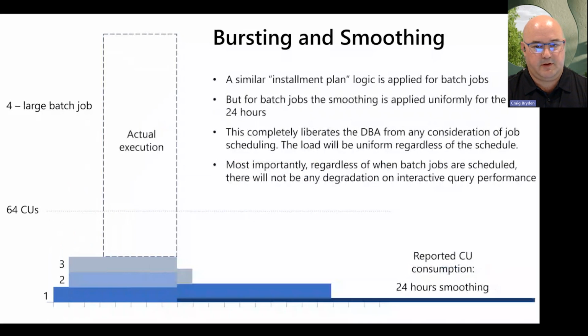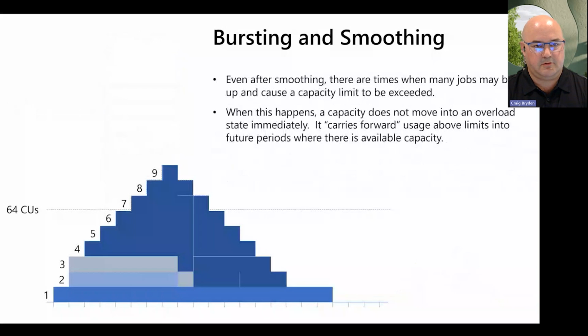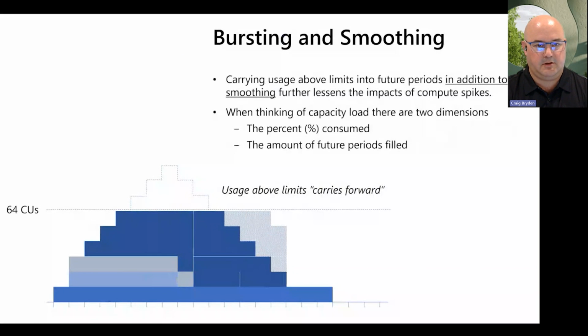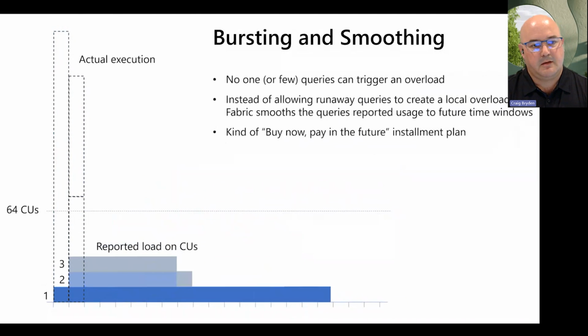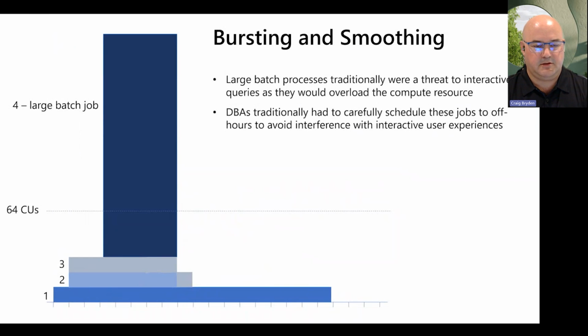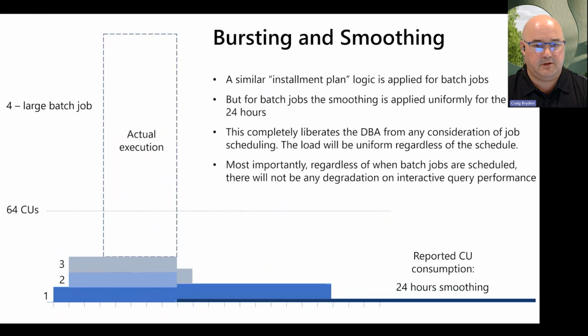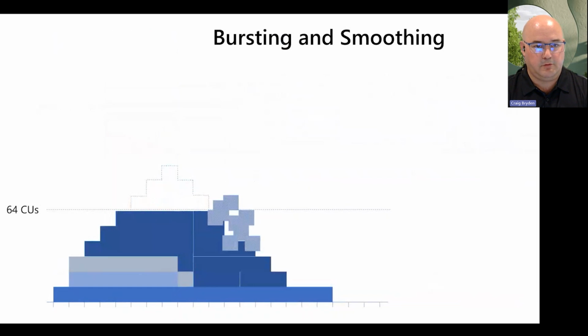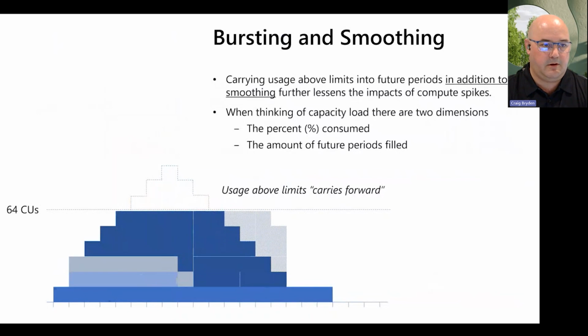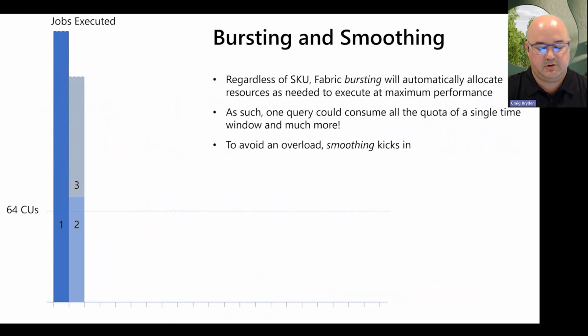You're effectively paying it back over the next 24 hours. And as long as your total consumption over those 24 hours doesn't exceed the capacity units that you've purchased, you won't get any bill shock. But it is important to be aware that Microsoft is doing this, because if you suddenly increase your usage significantly, they could send you an additional bill if your overall usage in a 24-hour period has exceeded what you've purchased.